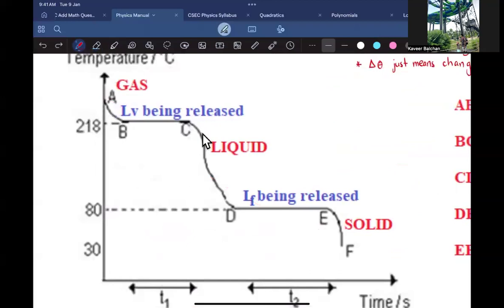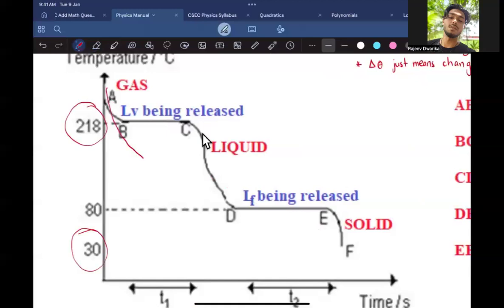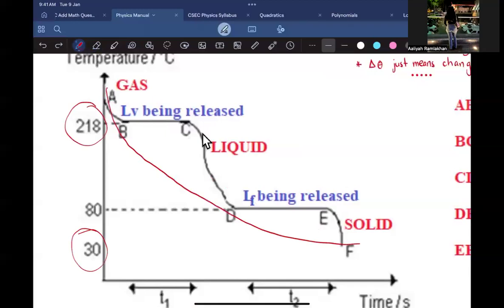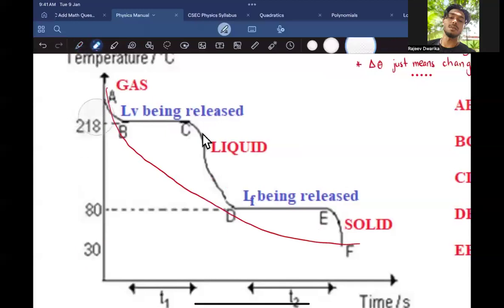Why is it a cooling curve, Justin? Because you're going from gas to solid, and to go from gas to solid you have to cool it down. Another thing, look at the temperature: it's going from higher to lower, so this is called a cooling curve.